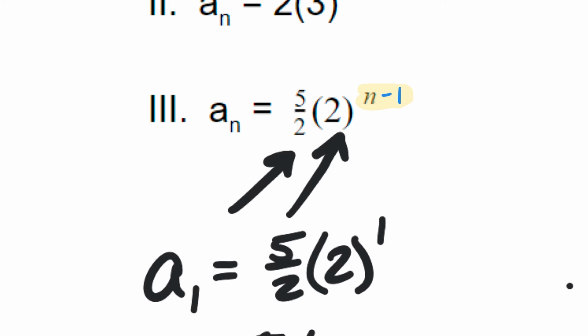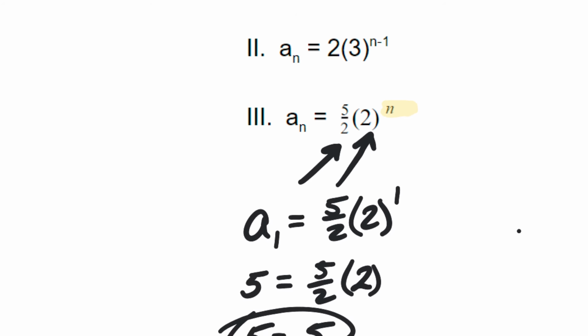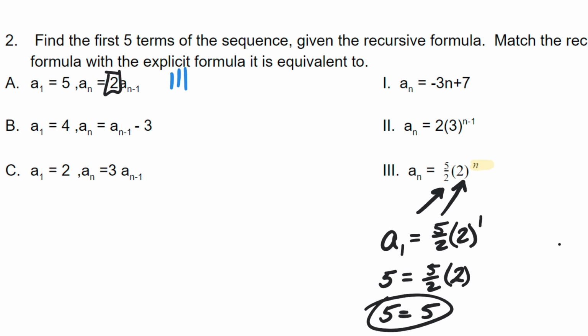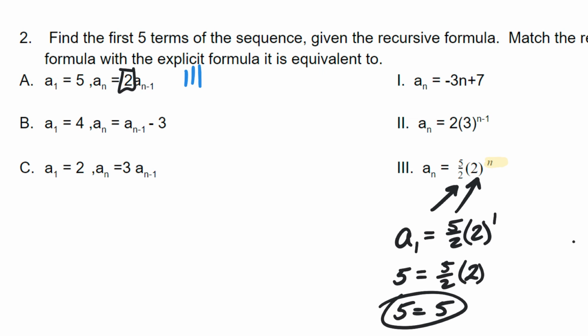So this one is not starting at the first term in the sequence. It's starting at the 0th term, the one before the first, which I understand there's no such word, but hopefully you understand my meaning. So what we essentially have to do to understand this equation is to back up a step. And since this step is actually doubling, backing up a step would be taking half. And half of 5 is in fact 5/2. So that's why that one looks the way it does.